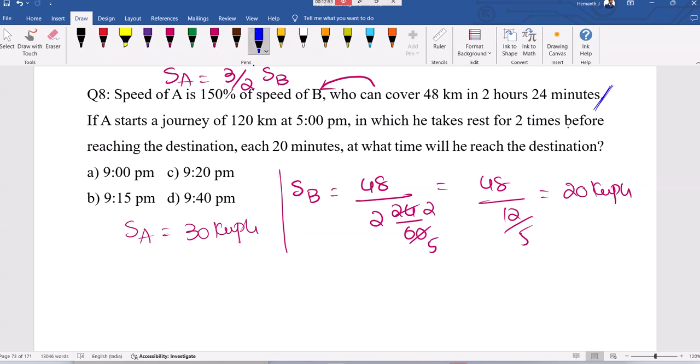A and B speeds are obtained, not given directly, indirectly given.